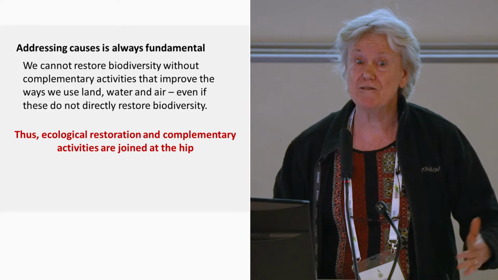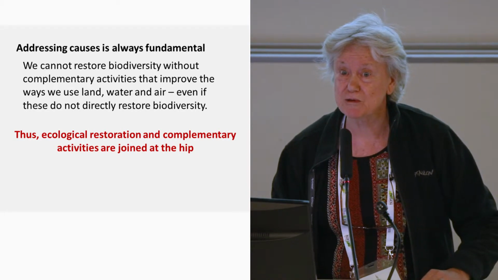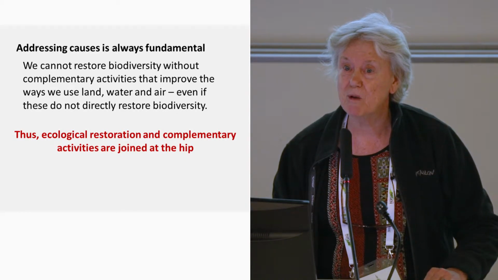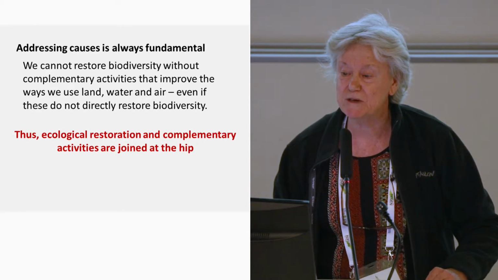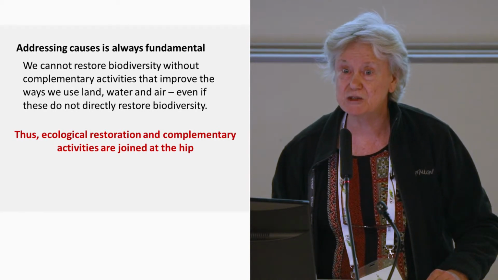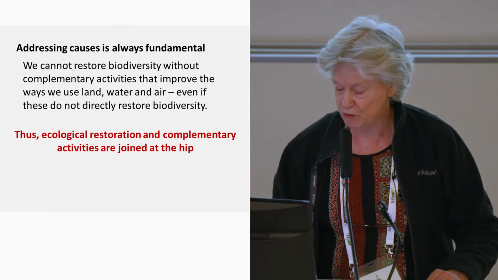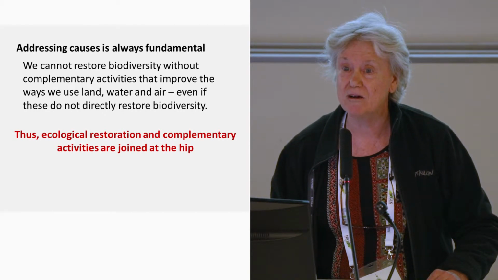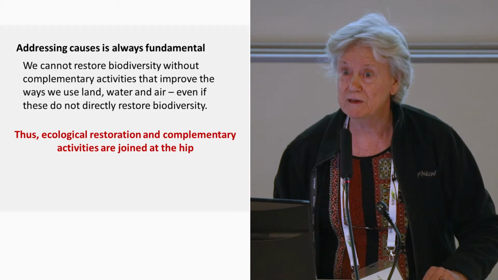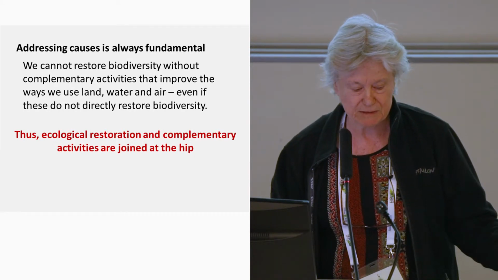They may be part of an ecological restoration project if you're looking at the scale that includes all those efforts as well. But what we need to remember is that ecological restoration and complementary activities are joined at the hip. They're two sides of the one coin. We cannot do without each other if our goal is the reinstatement of functional native ecological systems.